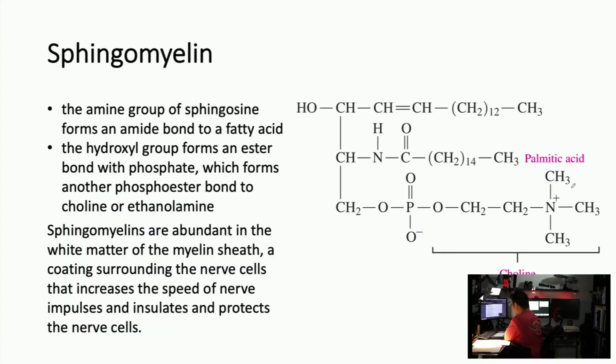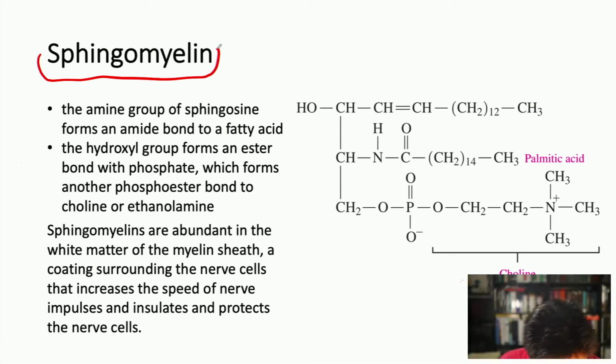So another group of phospholipids are the sphingomyelins. Sphingomyelins. It's hard words to say. Anyway, you can see in the structure of these sphingomyelins, they're very similar to the glycerol phospholipids, except that you have the sphingosine backbone, right? And the sphingosine backbone is this part right here.